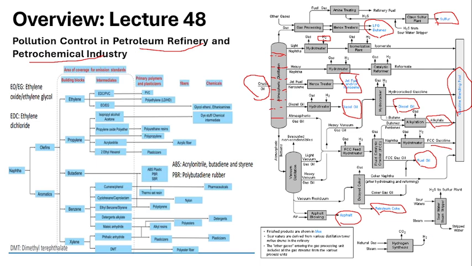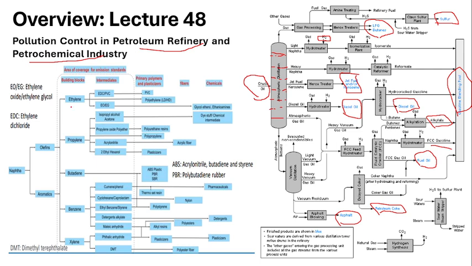Okay, from the products obtained in the petroleum industry, some other useful chemical compounds can also be formed. That is what happens in the petrochemical industry. Mainly the naphtha, which has olefins and aromatics, can be used for production of these useful chemical products.